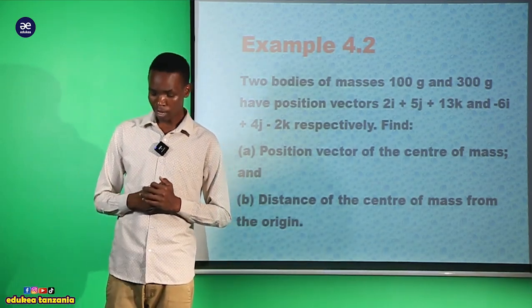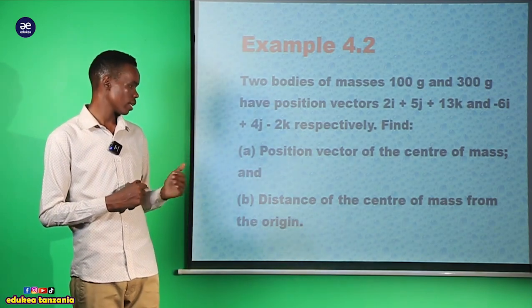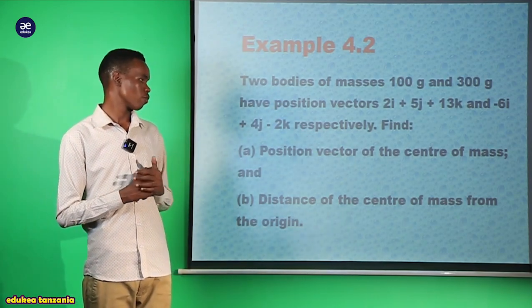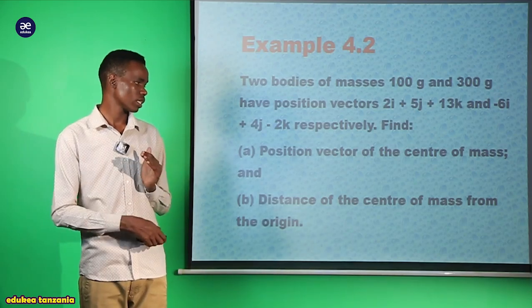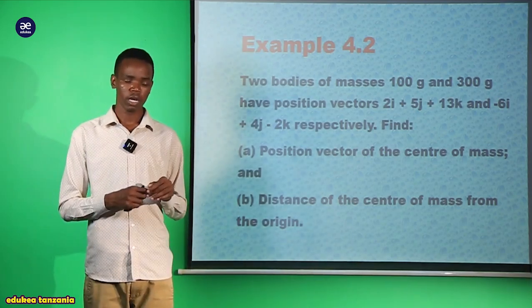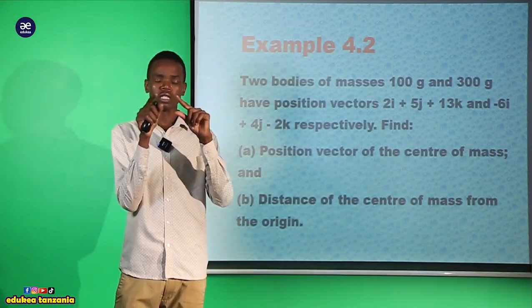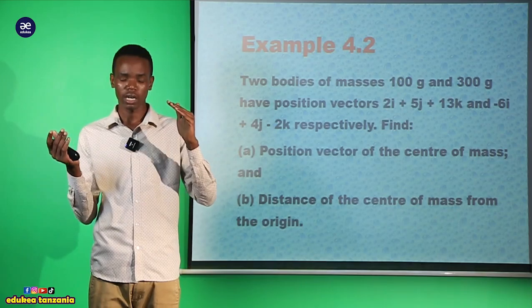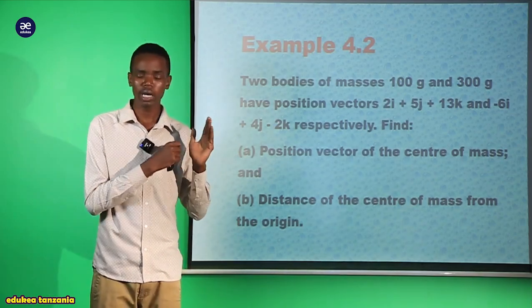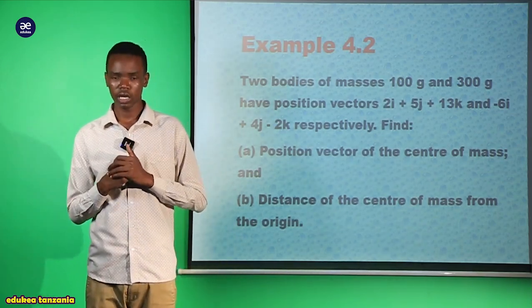But in Roman B, my dear student, we have been asked to find the distance of the center of mass from the origin. The distance of the center of mass from the origin, because our particles were placed in two coordinates, along the y axis and the x axis.